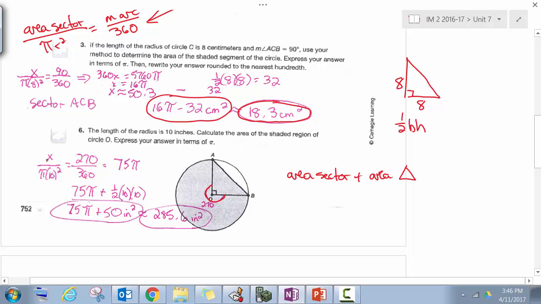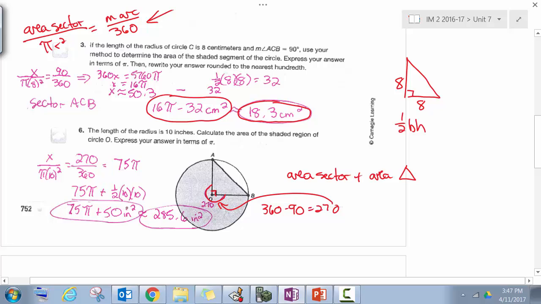So again, area of the sector, x, we don't know. The area of the circle, pi r squared, r is 10, so pi 10 squared, equals, well, this is 270, because the whole thing makes up 360, and we already have 90 here. So it's 360 minus 90 gives us the 270 here. So 270 over 360.